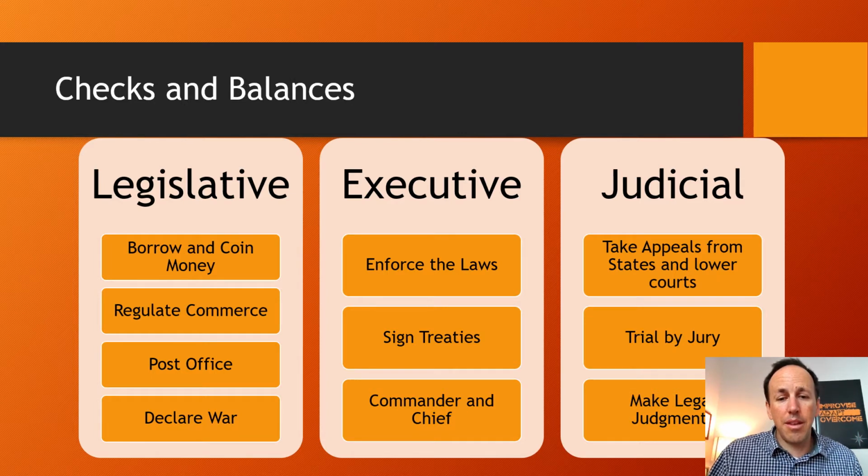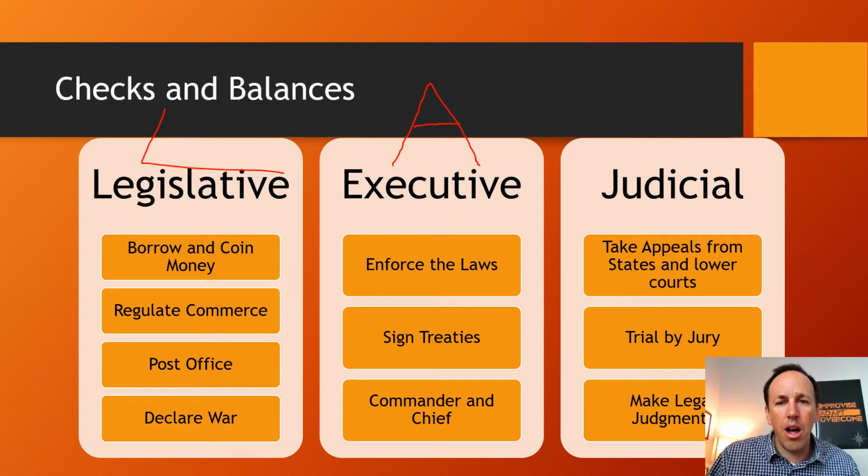Checks and balances. Let's review. So let's take the law power. Only the legislative branch can make the laws. However, the executive branch can either sign the law or veto the law. And even if these 2 groups make the law, the judicial branch can declare it unconstitutional.